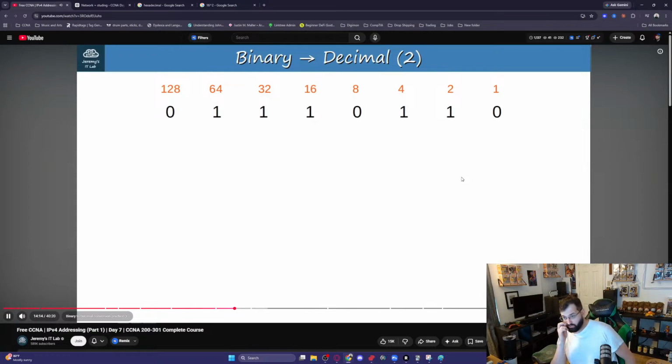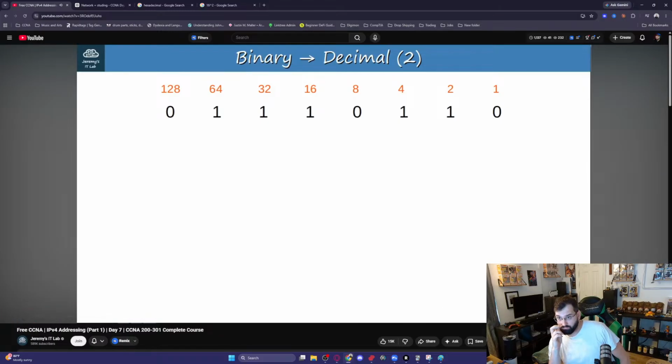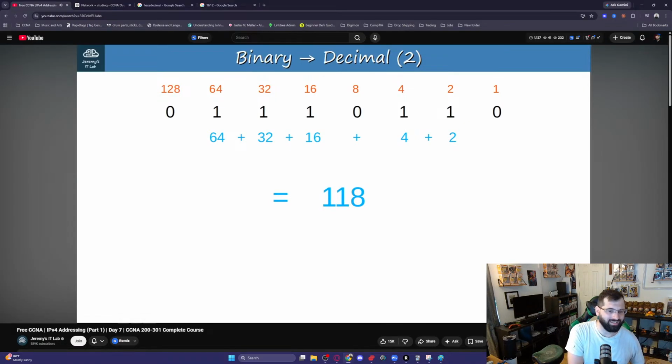So we have 1 unit of 64, 1 unit of 32, 1 unit of 16, 1 unit of 4, and 1 unit of 2. Add each of those numbers together, and you get the answer, which is 118. I did that all in my head. Binary 01110110 is equal to decimal 118.